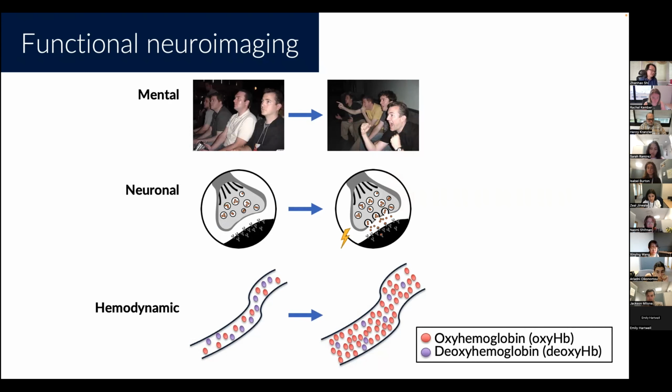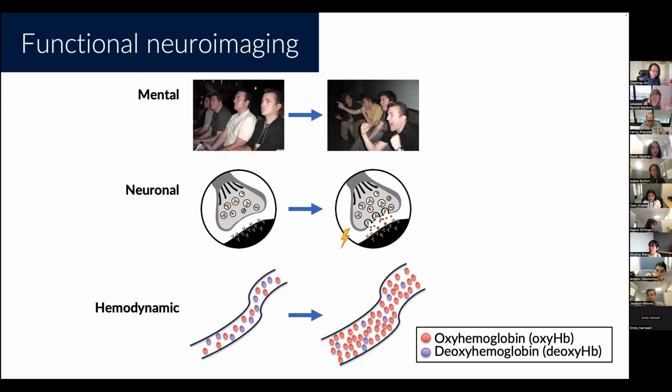What our body does is supply more oxygen than what is needed for that neuron to do that neuronal activity. This means that if there is mental activity going on, there will be a change in the ratio between oxyhemoglobin and deoxyhemoglobin in the brain region where the neural activity is happening.